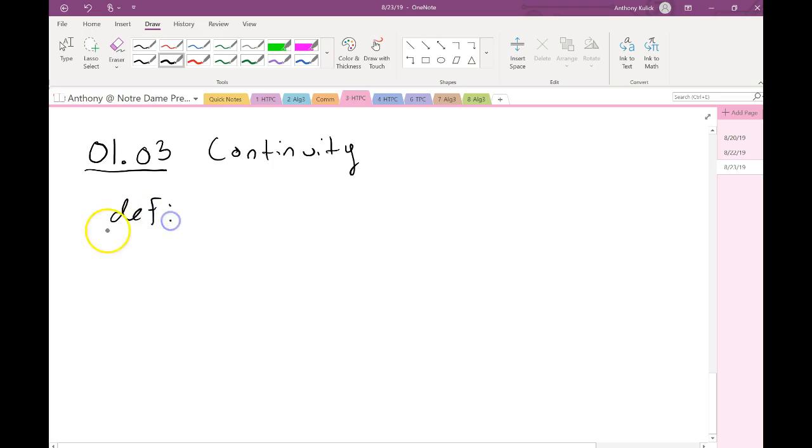So let's start with this informal definition.